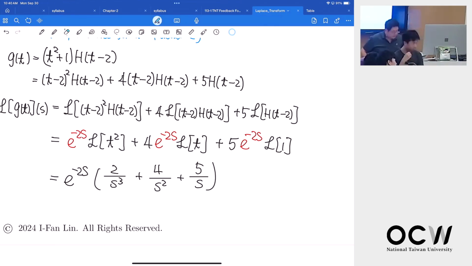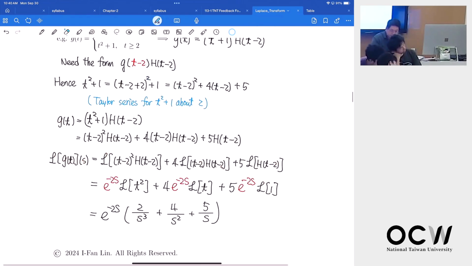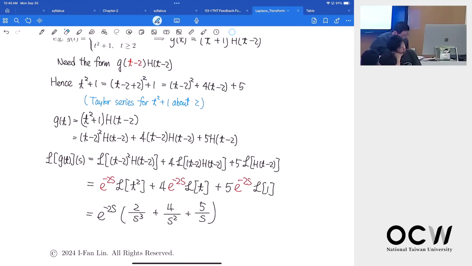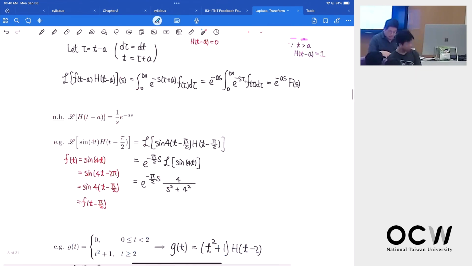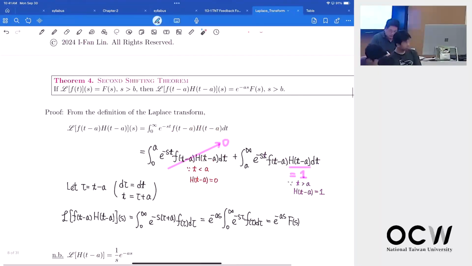Okay. Any questions for this one? Now, since we learned the second shifting theorem, of course the inverse of the second shifting theorem will give you the function in the time domain when you are given the Laplace transform.